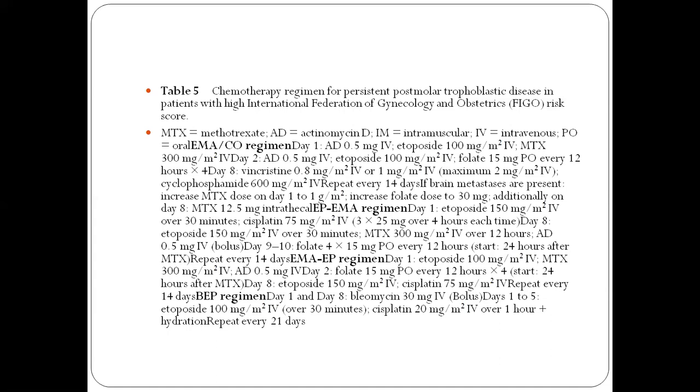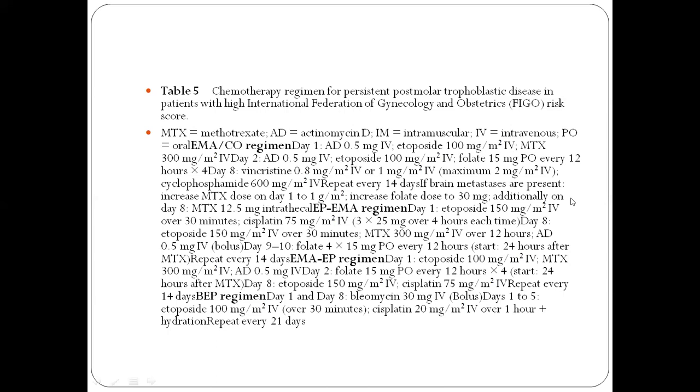There are patients, those who are ultra high risk, who can either be given the EMA regimen or what we call EMA-EP. EMA-EP is etoposide, methotrexate, actinomycin D. Then they are given etoposide and cisplatin, every 15 days also.